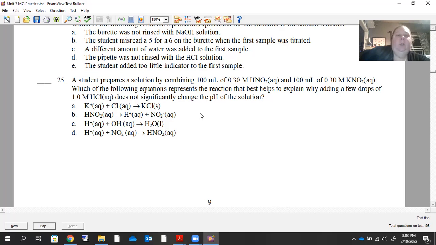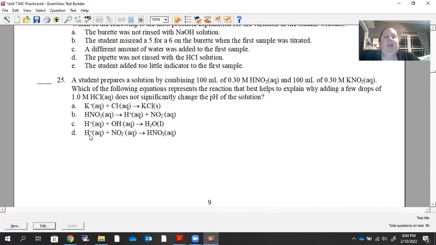yeah. Okay. So when they're talking about why adding a few drops of a strong acid or a strong base isn't going to change the pH, we need to show what that strong acid, like the H plus from the strong acid, is reacting with to make it not be around to change the pH. If this H plus reacted with OH minus in that solution and neutralized to water, that would cause a drastic change in pH.